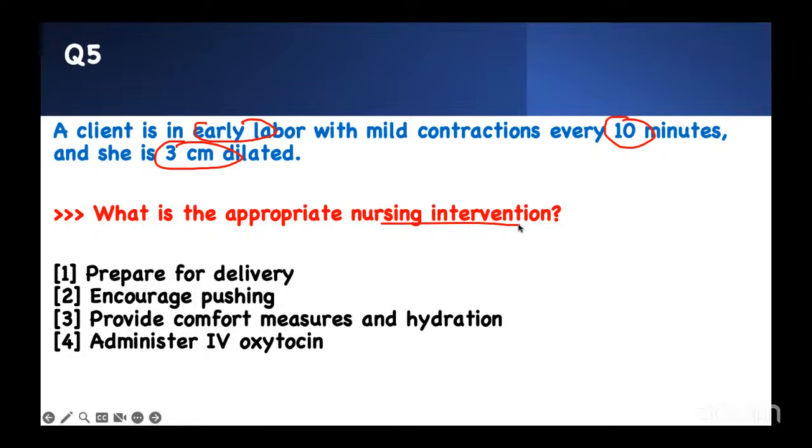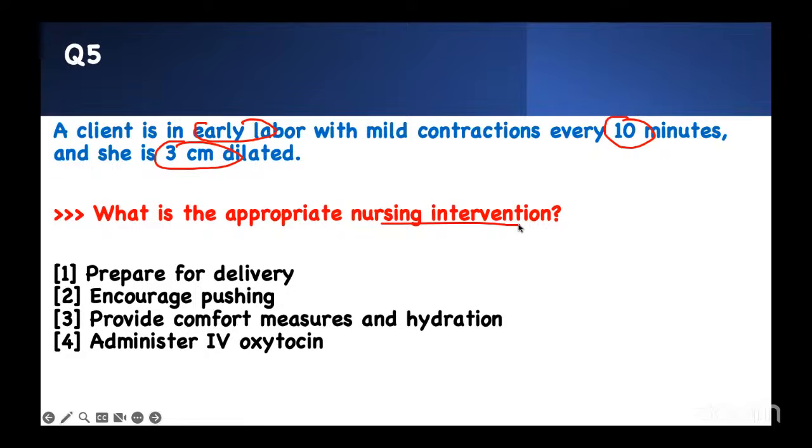Put down your answer. Let me think. What do you think is the stage at which the mother is right now? Early labor, contracting every 10 minutes, and she's 3 centimeters dilated.